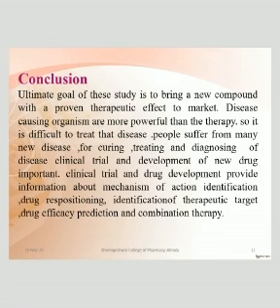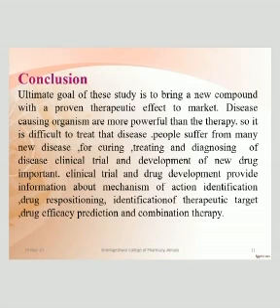The conclusion of the presentation is that the ultimate goal of these studies is to bring a new compound with a proven therapeutic effect to the market. Disease causing organisms are more powerful than the therapy, so it is difficult to treat the diseases. People suffer from many new diseases.